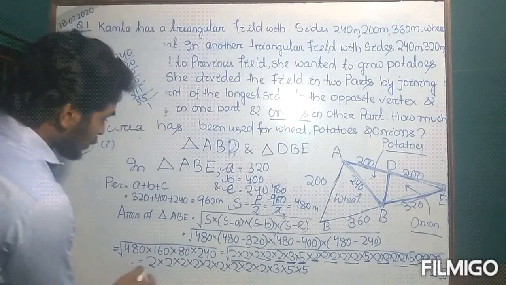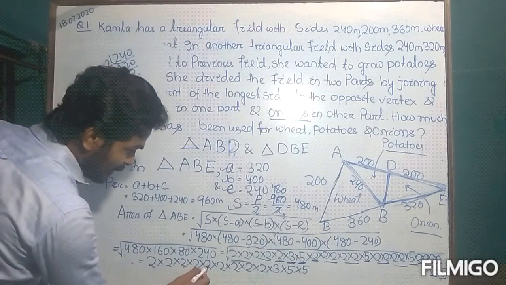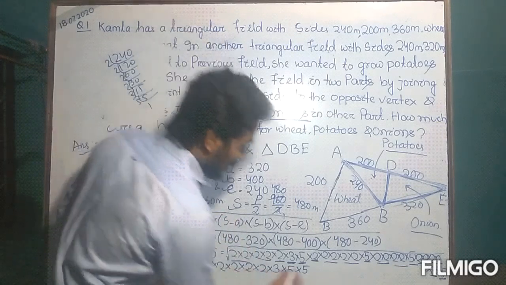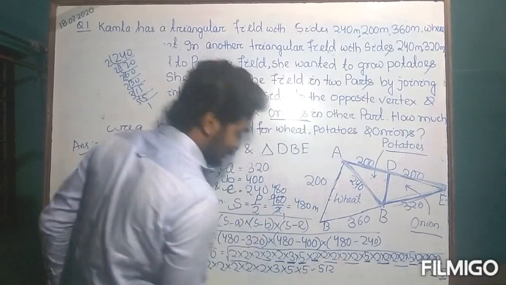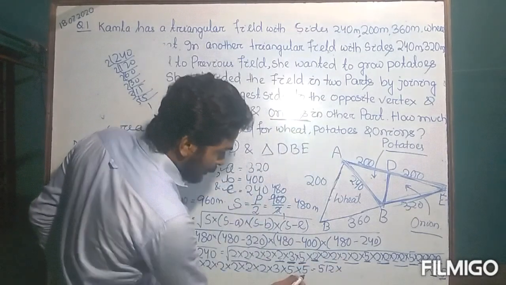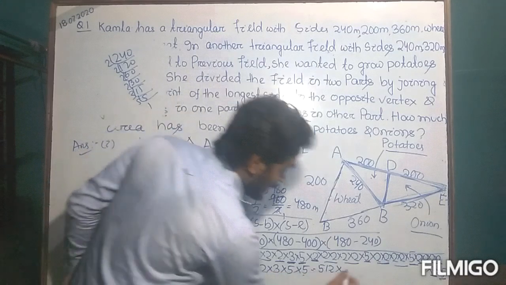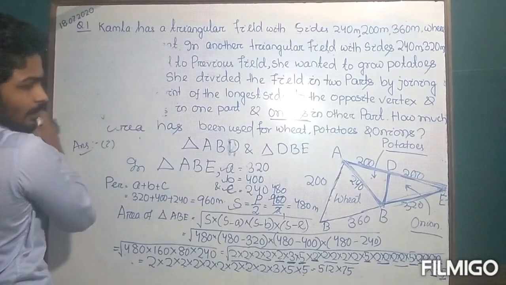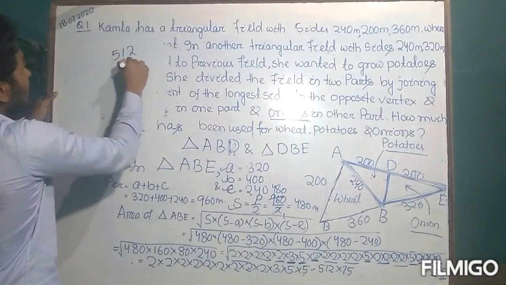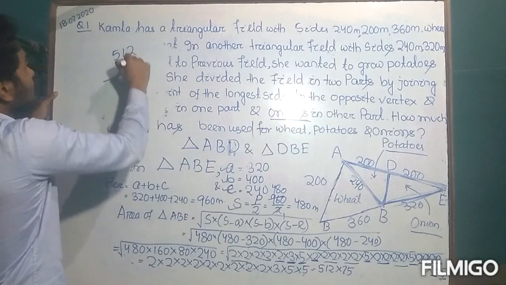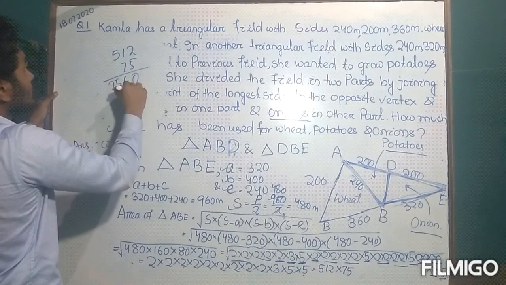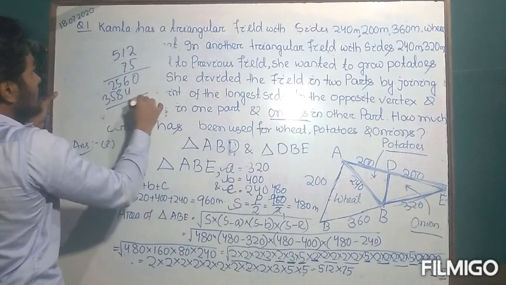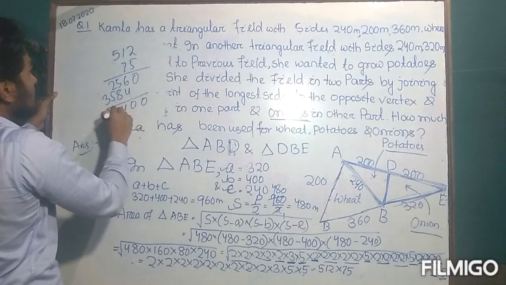So the final result is 2 to the 4, 8, 16, 32, 64, 128, 256, 512. Okay, 512 into 5 5 is 25, into 3, 75. Now multiply these two big numbers, 512 into 75.